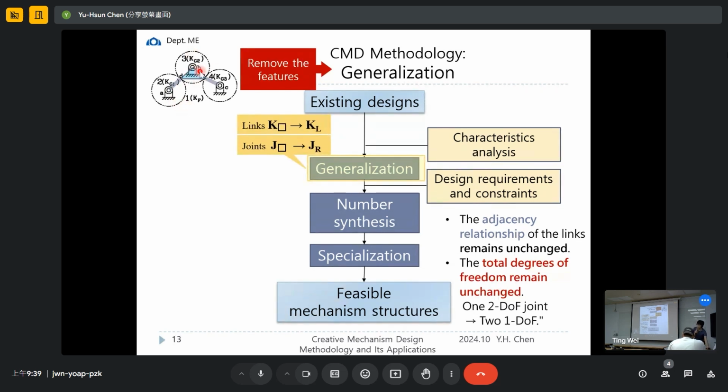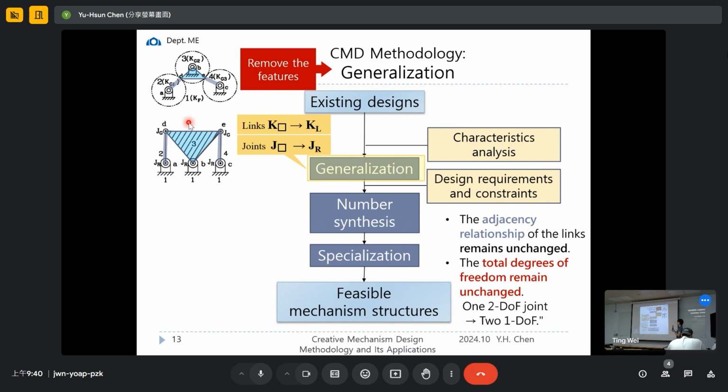So think about that. How about link 3? How many neighbors does link 3 have? Link 3 is connected to link 2, link 4, and also link 1, right? So we say there are three neighbors for link 3. Once we remove the feature of the gear, it will become a link. The link still has 3 joints, because originally the gear had 3 joints with the others, right? So for link 3 there are still 3 joints.